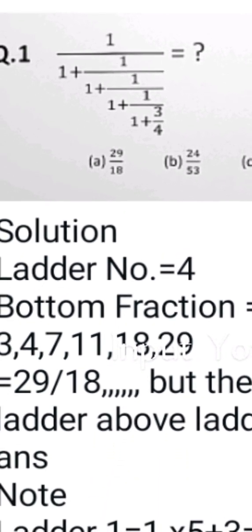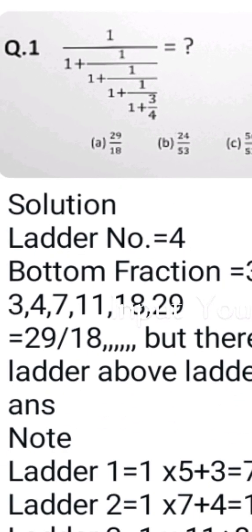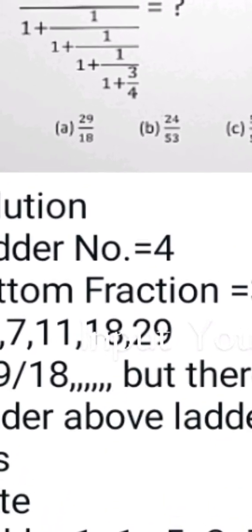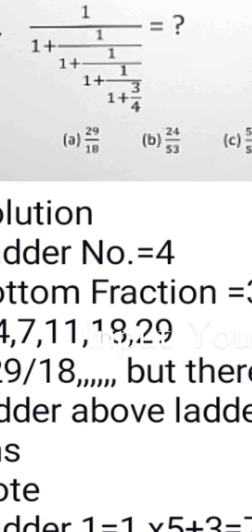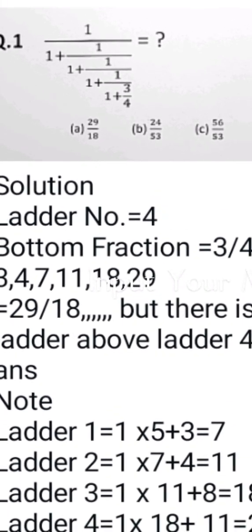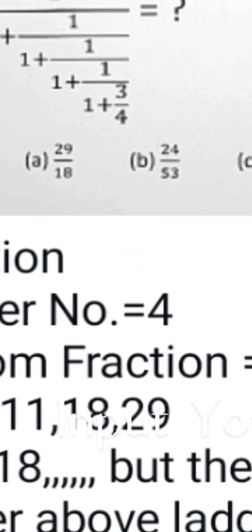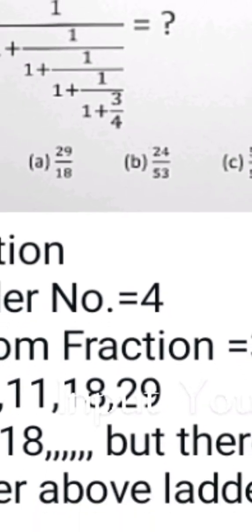In ladder fraction, we begin whatever we are doing from the bottom. So if I say ladder 1, I mean the ladder from the bottom. To give value to ladder 1, we first write down the number of ladders to know how many ladder values we are going to find. Secondly, we write down the bottommost fraction. In this case, the bottommost fraction is 3 over 4.